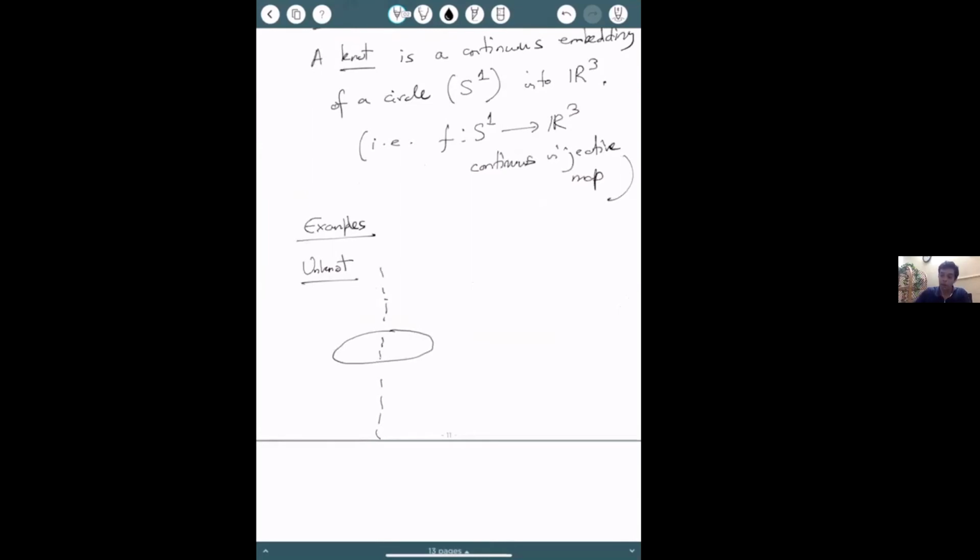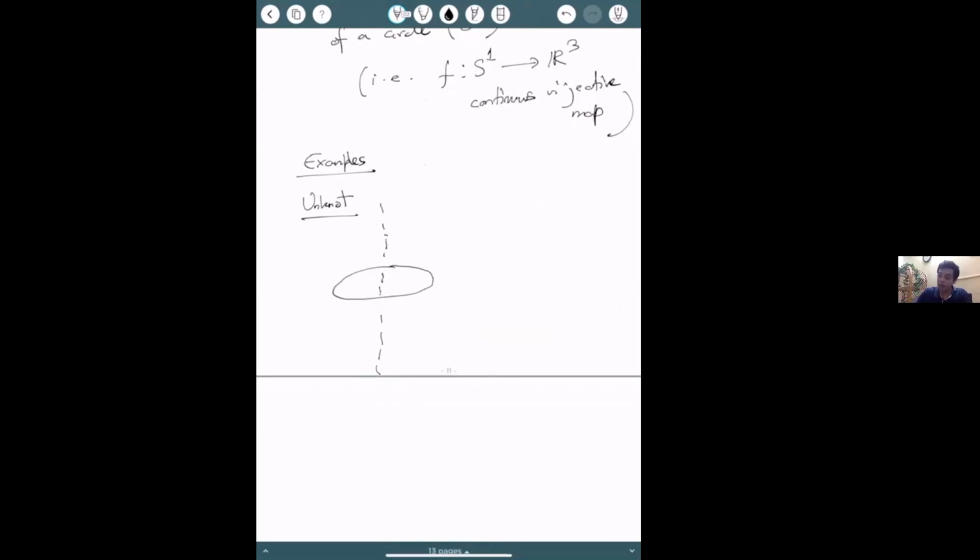What is the simplest example of a knot which is different? It's the trefoil. Let me try to draw it. The trefoil knot looks like this.